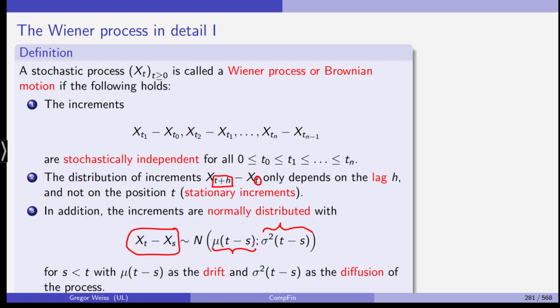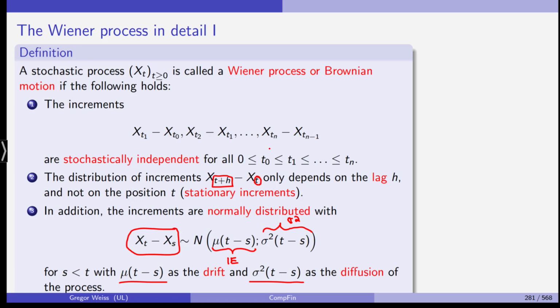See that actually this is the expectation, and this is obviously the variance of the normal distribution, but these parameters are called drift and diffusion of the process. You don't have just one expectation or one variance.